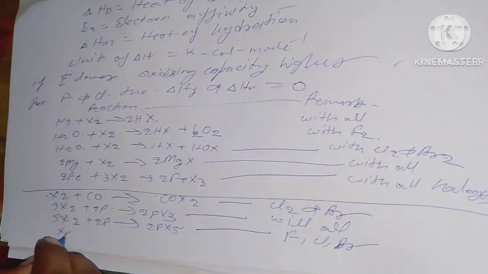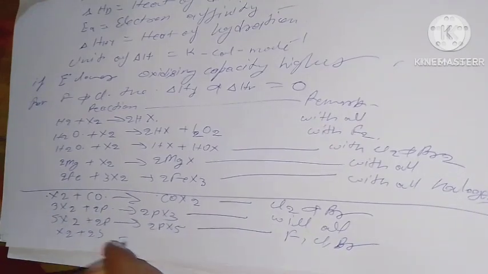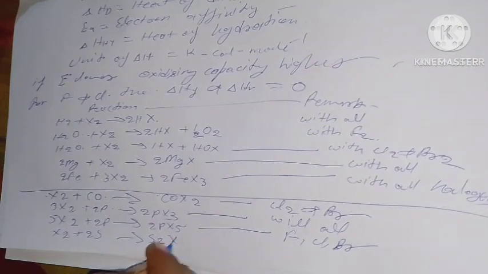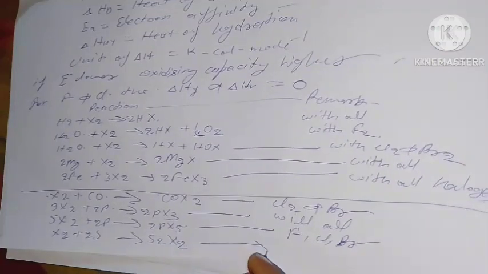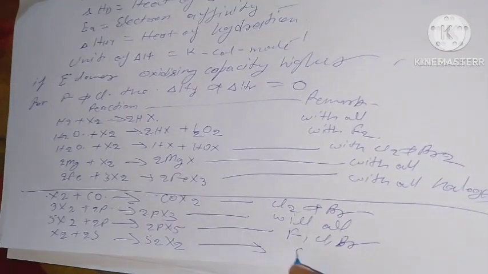And X2 plus 2S gives S2X2, with chlorine and bromine.